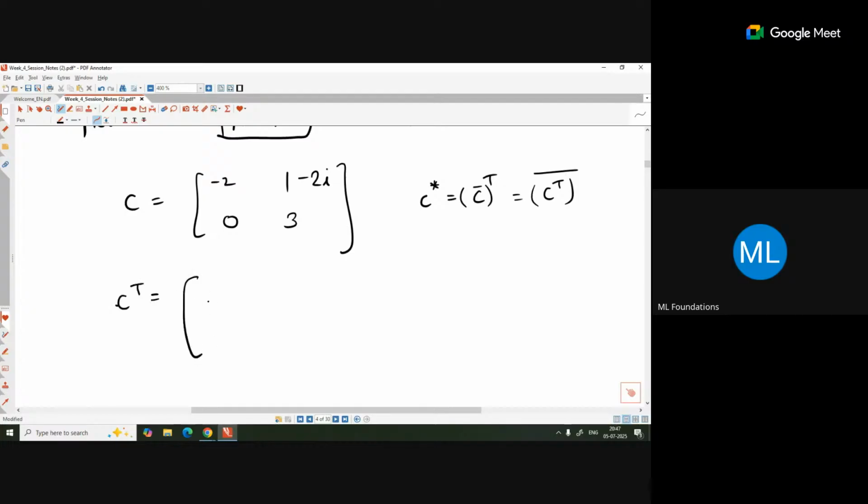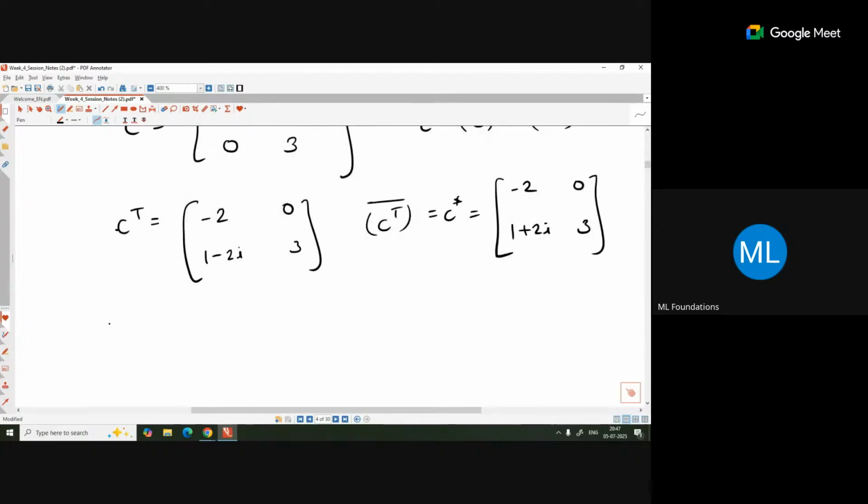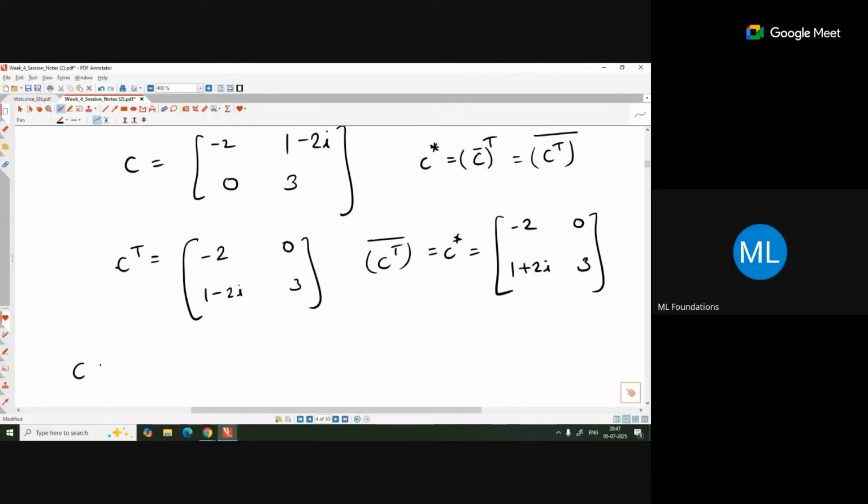C transpose is -2, 0, and then 1 minus 2i, 3. Then I'll take the conjugate of that, and that will be my C star: -2, 0, 1 plus 2i, and 3. You can do it the other way around also, first take the conjugate and then the transpose. Now this is my C star and this is my C. What will be my C star?